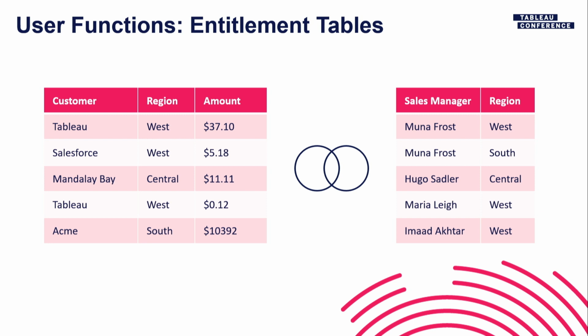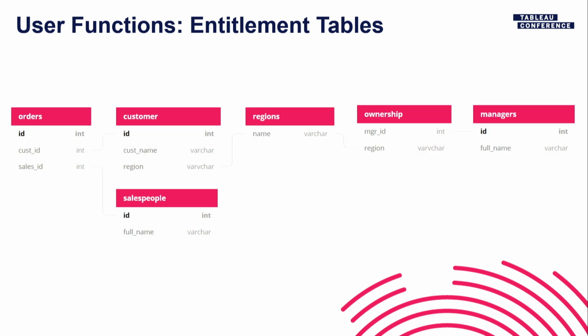Generally, you're not going to be even that lucky that you have one level of indirection that can solve the mapping for you. You may end up with something more like this, where here we have a list of sales in the orders table. Each sale has a customer. Each customer is in a region. Each region is owned by a regional manager, and we have a table that maps from regional managers' names to IDs.